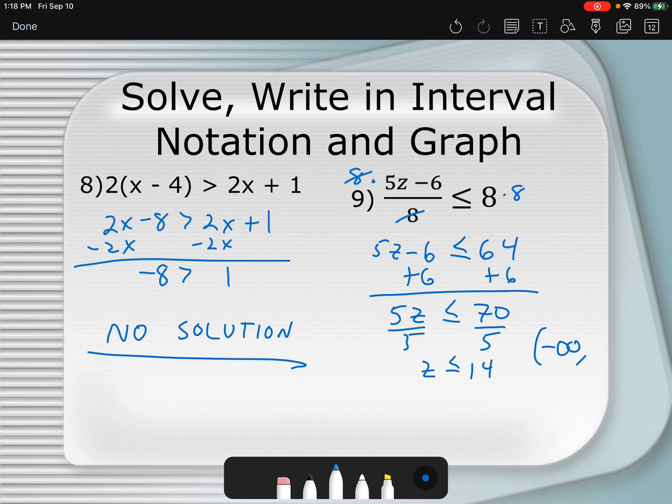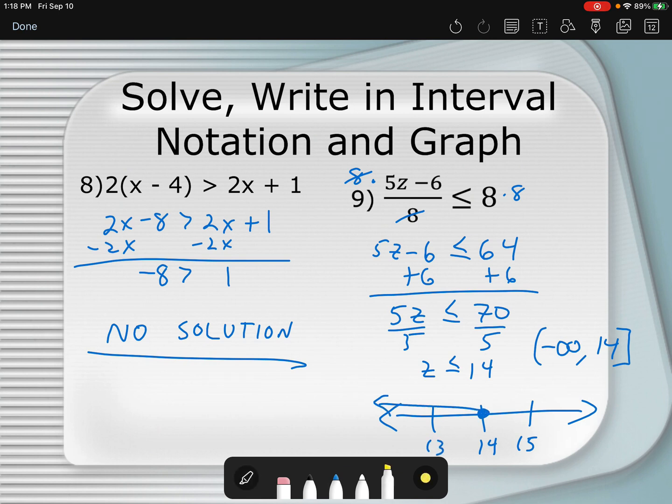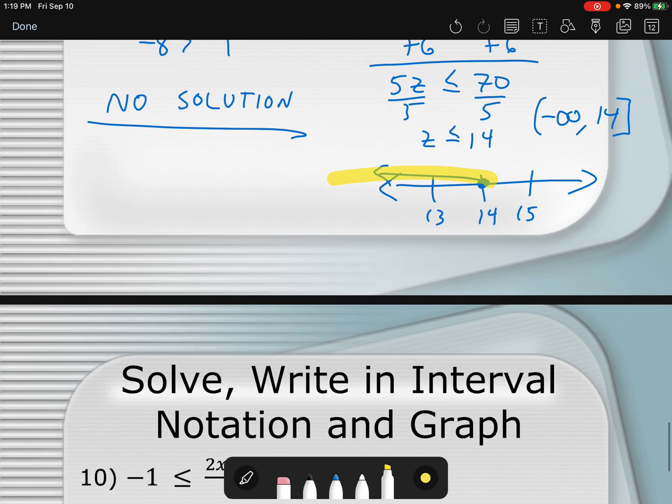So that means that all the numbers below 14 and including 14 are solutions. So if we put that on a number line and say this is 15, 14, 13, all solutions below 14, including 14, are acceptable for z, because anything bigger than 14 doesn't work.